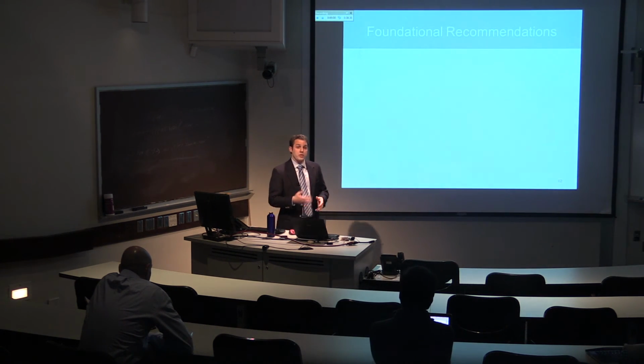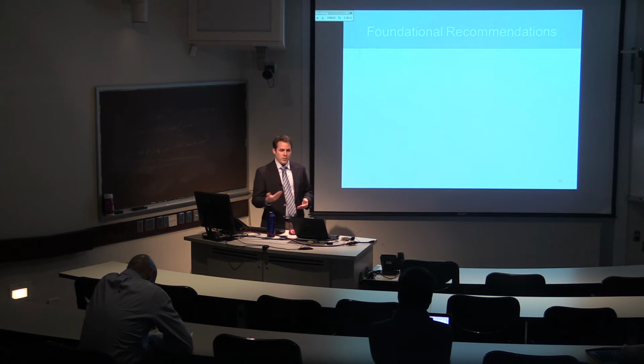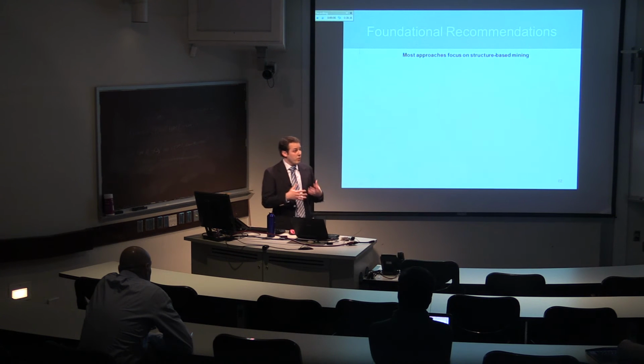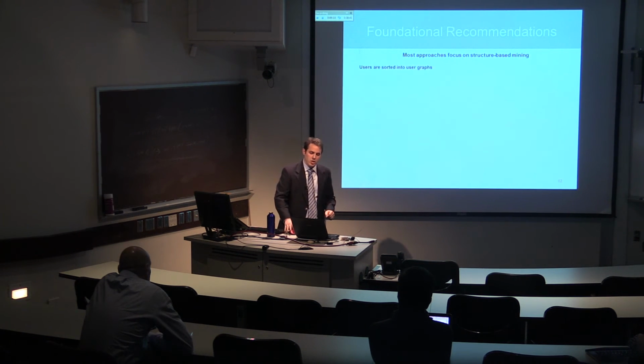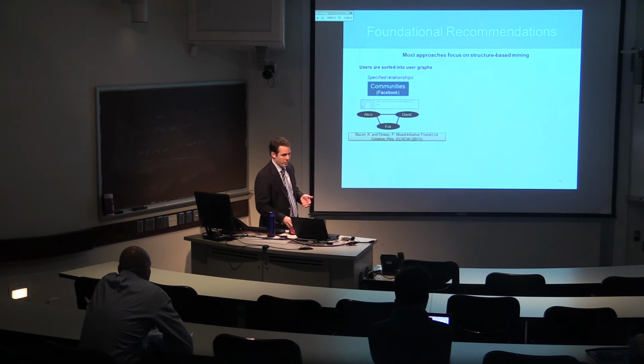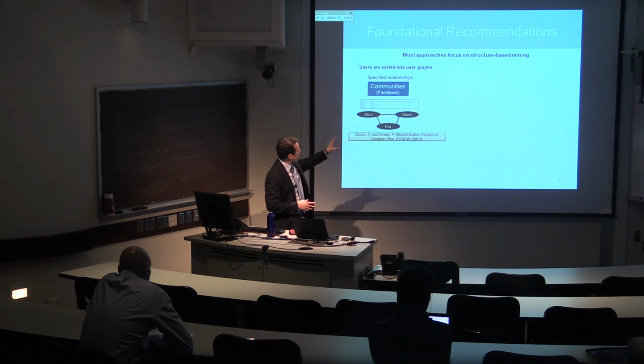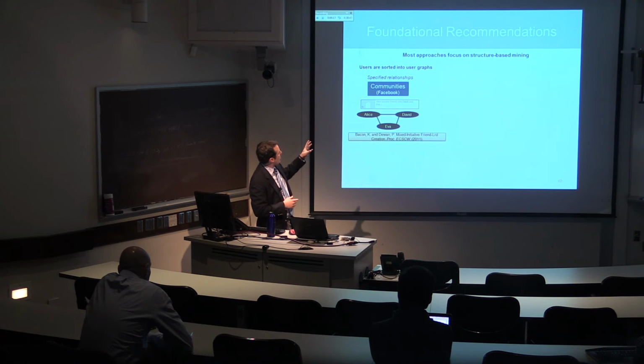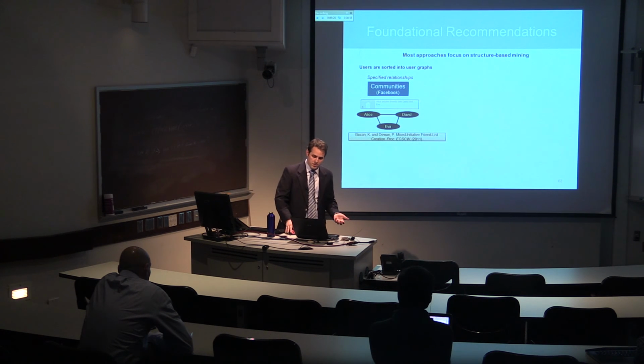We'll first address foundational recommendations because you can't evolve what hasn't been created, so we'll first help users create these groups. There is some work in this area, and most approaches have focused on structure-based mining, where users are sorted into user graphs. For example, in Facebook or communities domain, these are based on specified relationships, where users in the graph have edges between them if they have certain specified relationships, such as friendships.